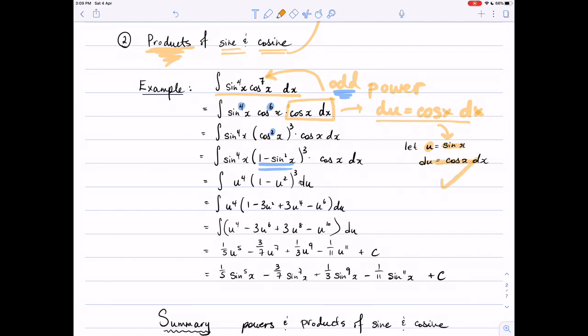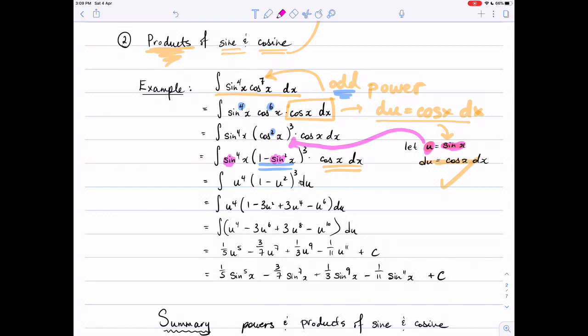But that tells me what to do in my next step. If u is going to be sine, then I want to rewrite all the remaining functions, not the du, right? The du will stay as cos, but I will rewrite everything else in terms of the sine, because that is what I want to replace for u.